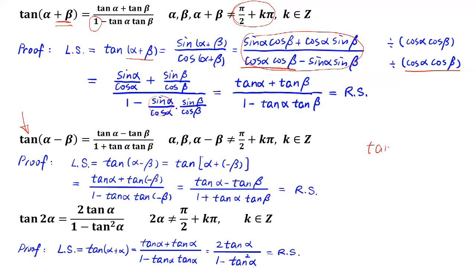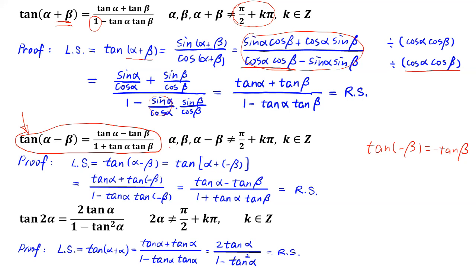Also note that tangent of minus beta is just minus tangent beta, because tangent is an odd function. So if we substitute, we have tangent alpha minus tangent beta over 1 plus tangent alpha times tangent beta, which is exactly the right side, right? So we have proved that this expression is also a trigonometric identity.